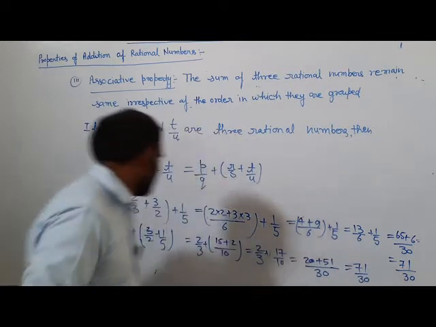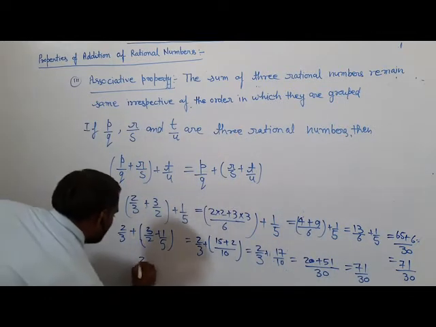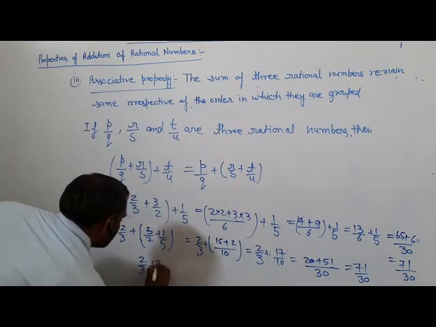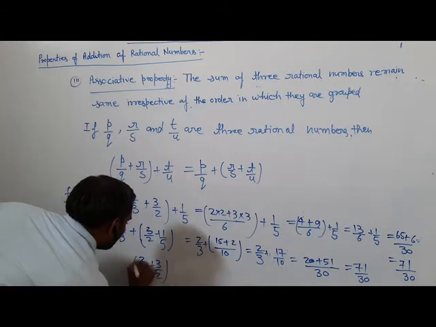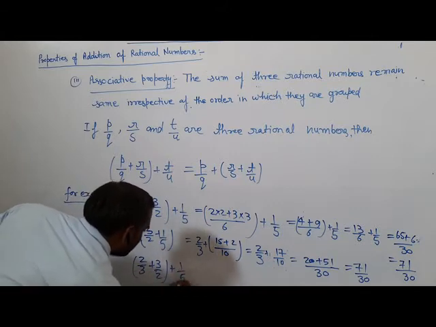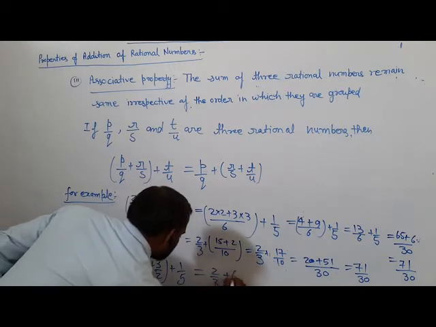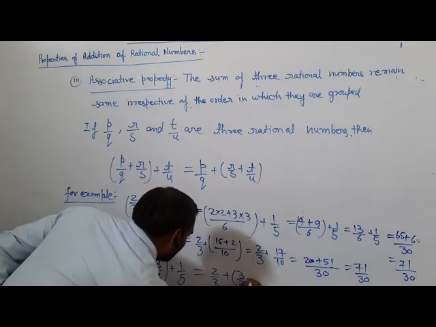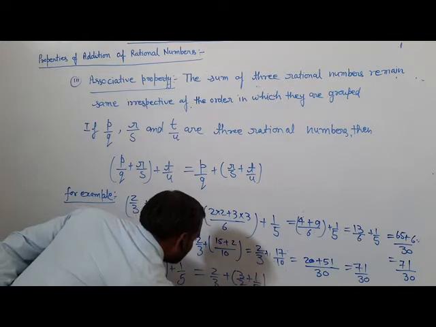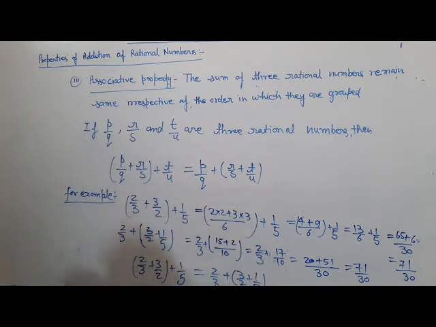Both answers are the same. So we can write (2 by 3 plus 3 by 2) plus 1 by 5 is equal to 2 by 3 plus (3 by 2 plus 1 by 5). Both are equal. So hence addition of rational numbers is associative.